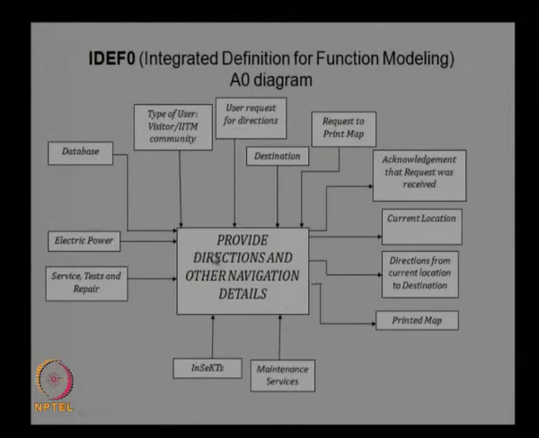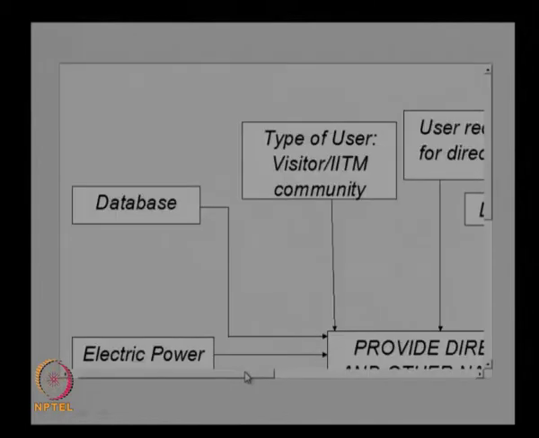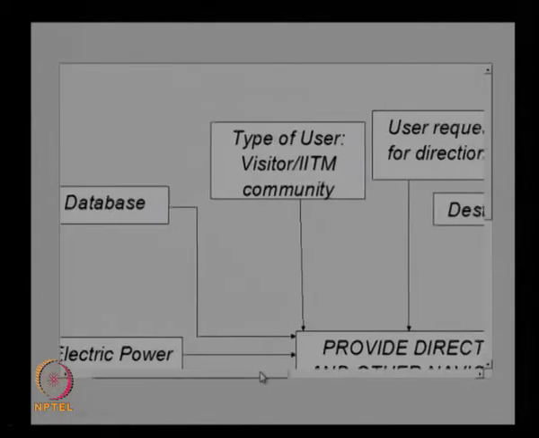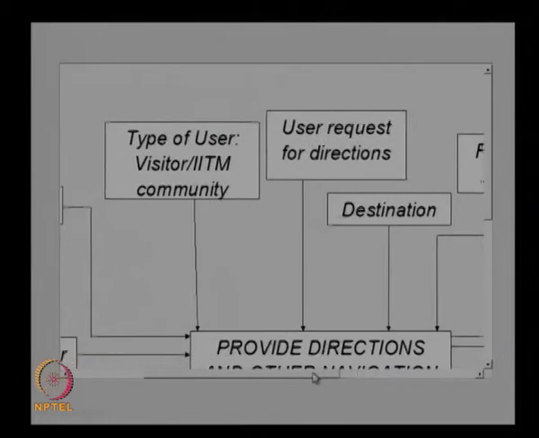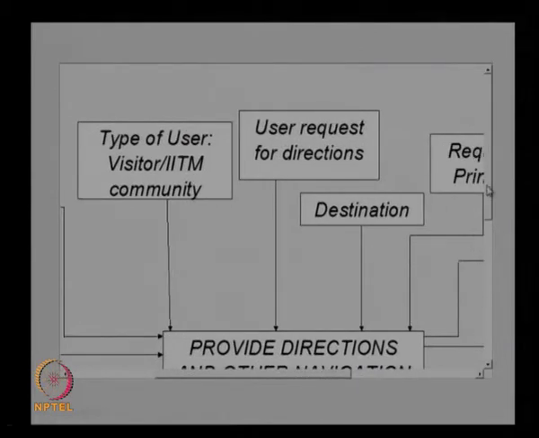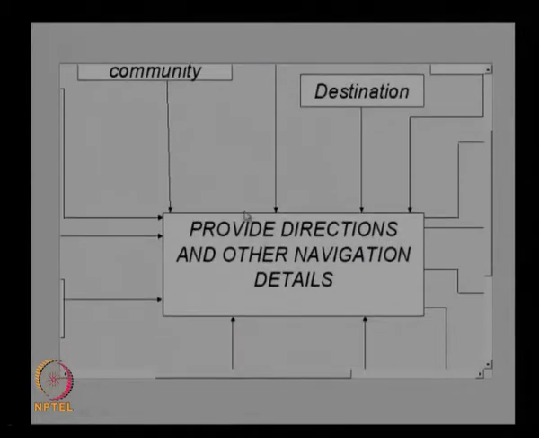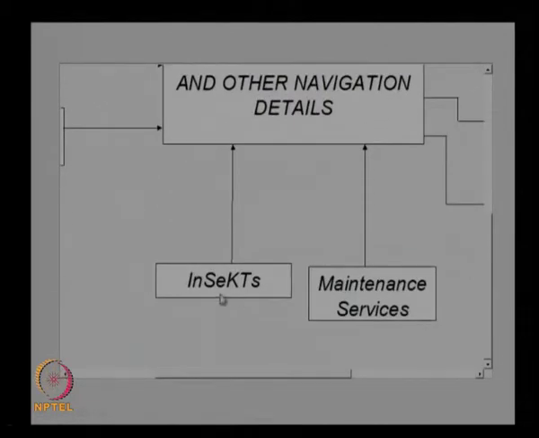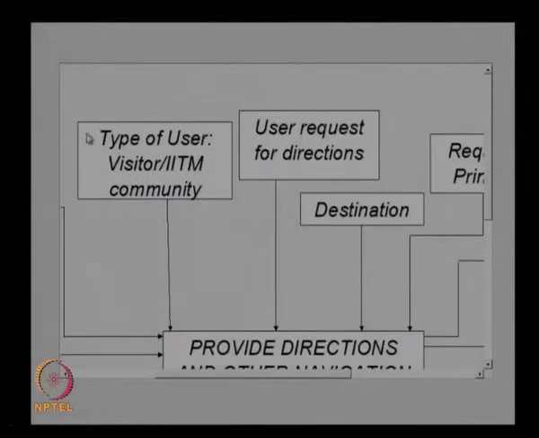When we decompose, we get the A1 diagram. This is the enlarged view of the previous diagram. For better clarity, we have shown it as a separate diagram. Here you can see the main function, provide directions and other navigation details, and the hardware which actually provides this main service. Then you have the maintenance services and maintenance system as an external system, and all other external interactions and external users, the different types of users.